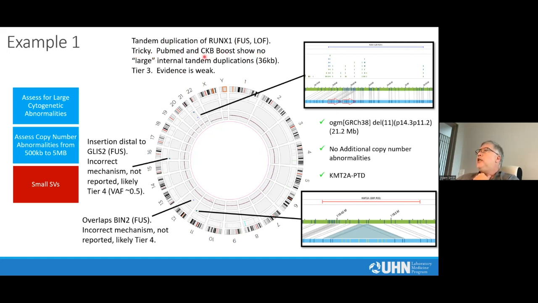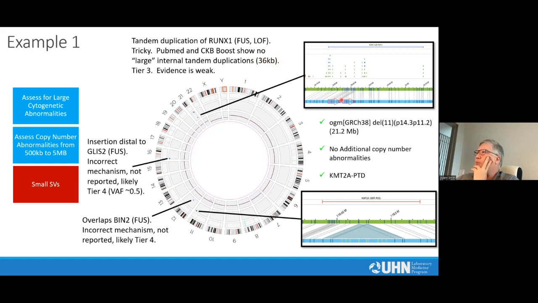We don't really see anything from PubMed searching or looking in CKB Boost. No large tandem internal duplications of RUNX1 as a recurrent phenomenon. That being said, nobody's really looking for these, so this might be something we need to follow because it could become more apparent as we do more of these.